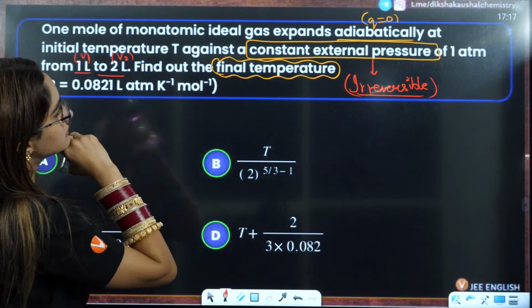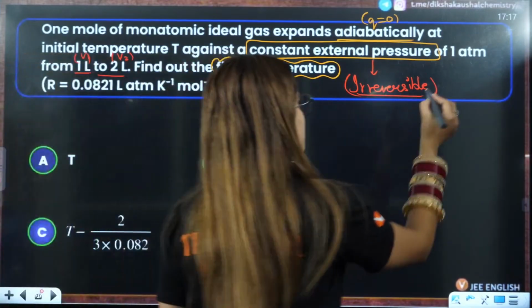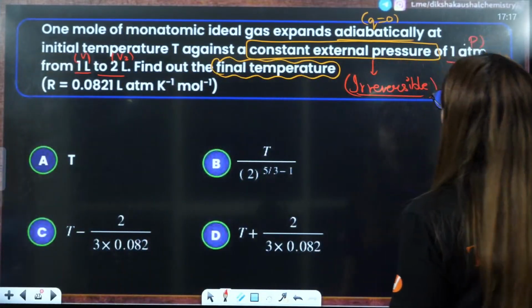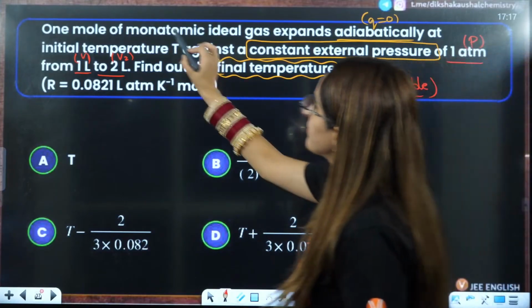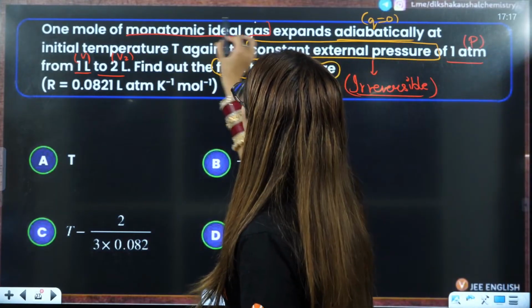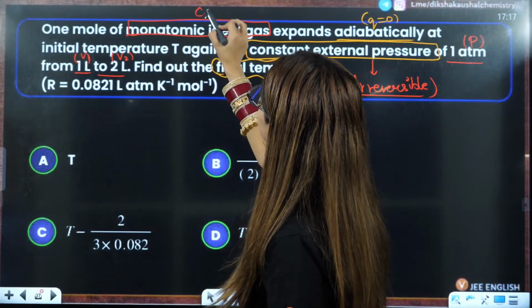The external pressure is also given to you. Very good. For a monatomic gas, you will have to know the value of Cvm also.